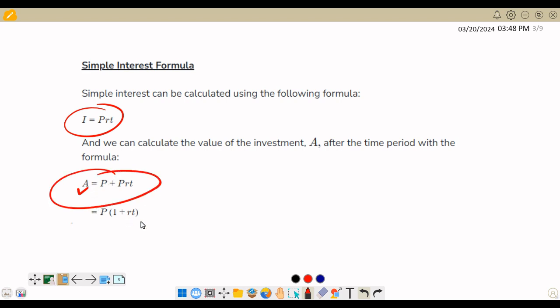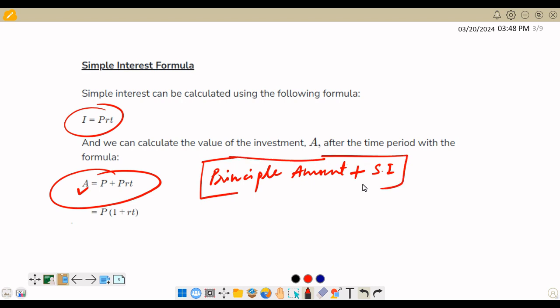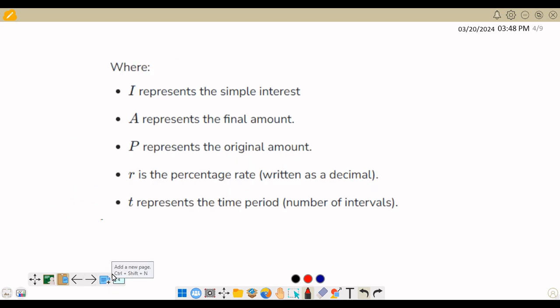P is called the principal amount, and the rest is the simple interest. When you add these two values, you get the total invested amount, which equals A.